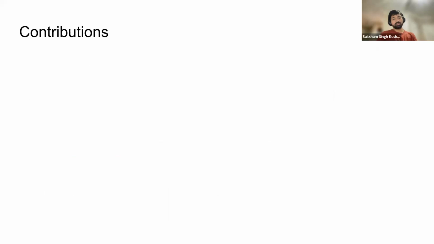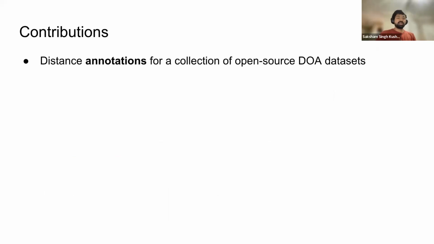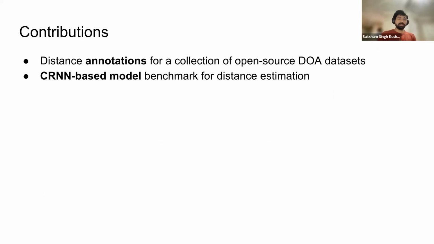Here is how we try to tackle this problem. We have added distance annotation for a collection of open source datasets that were previously only used for DOA estimation. We use a CRNN-based model that is able to estimate the distance of non-simultaneous static and moving sound sources.